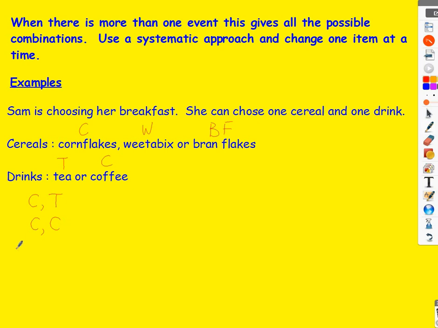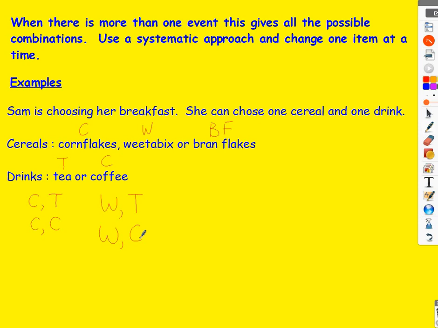Now, there are no other options if we have cornflakes as a cereal, because we've gone through having it with tea, having it with coffee. So I now need to change my cereal, and I'm going to go for the second one in the list. So I'm going to go Weetabix, and my chosen drink, again, the first one is going to be tea, or I could have Weetabix with coffee.